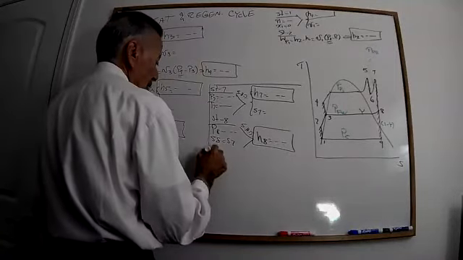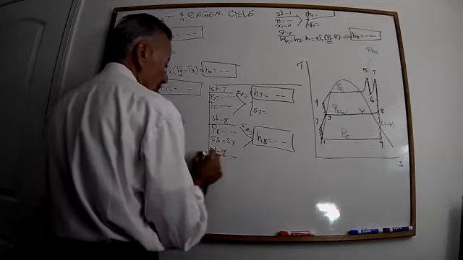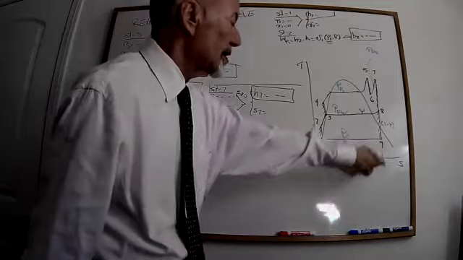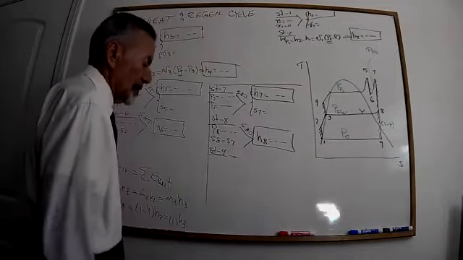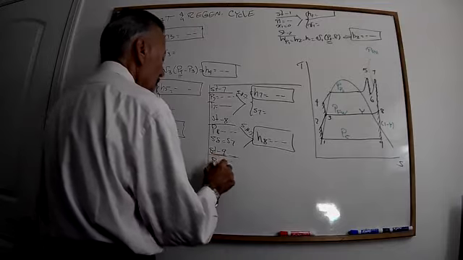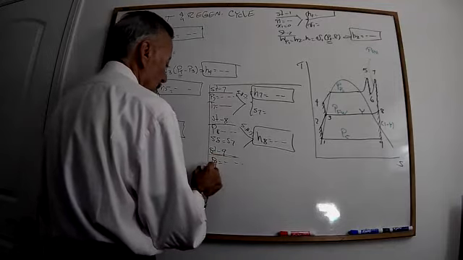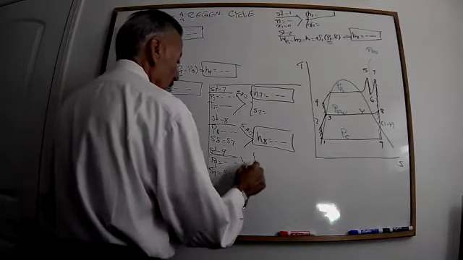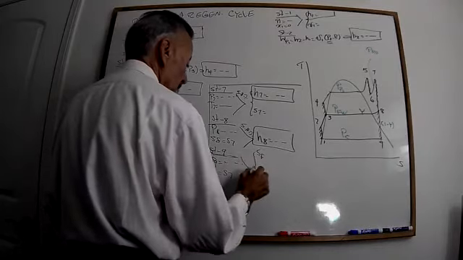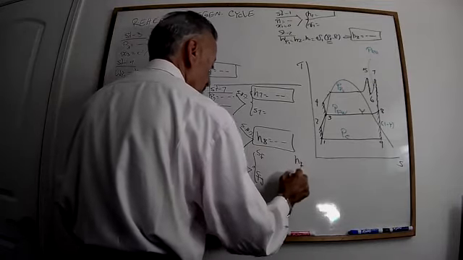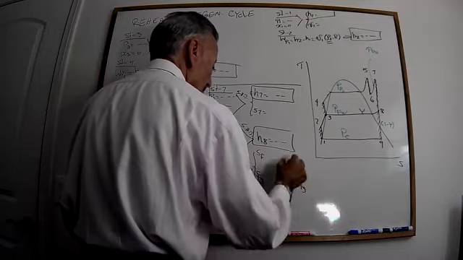At state 9, we know for sure that is a mixture. Again, last point of a cycle always going to be there. So we have P9 and S9 being equal to S7. Now we find the value of SF, SFG, HF, HFG.